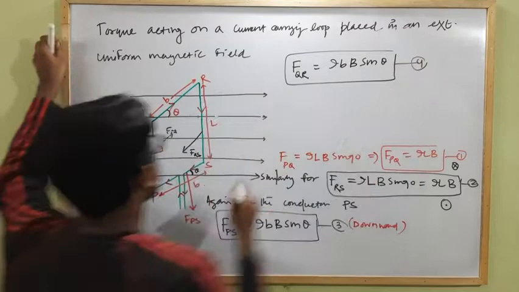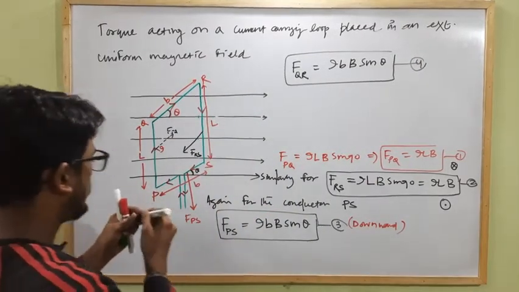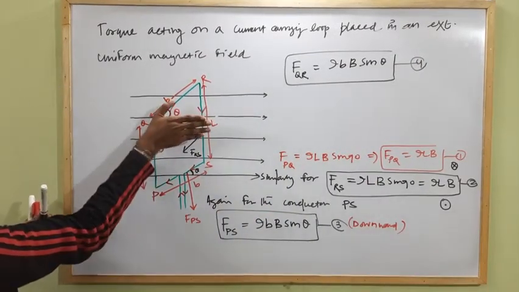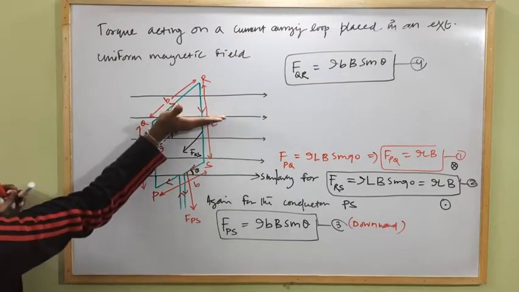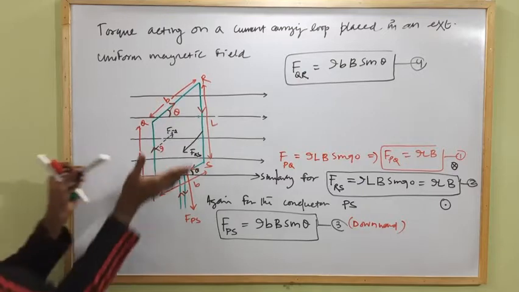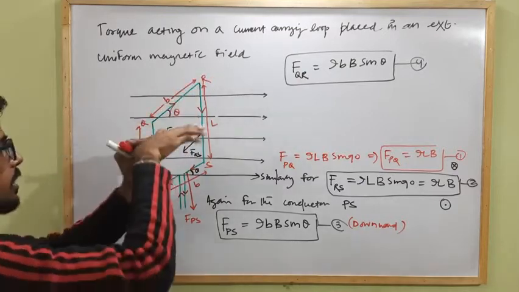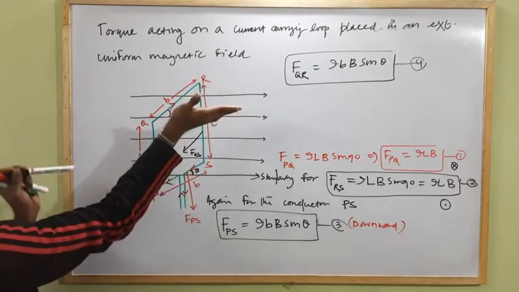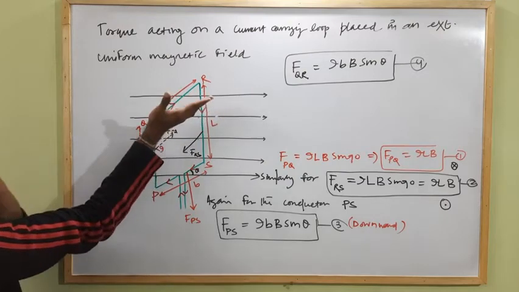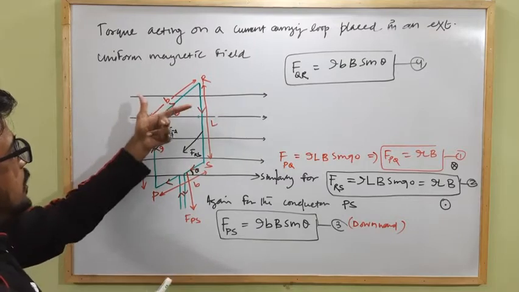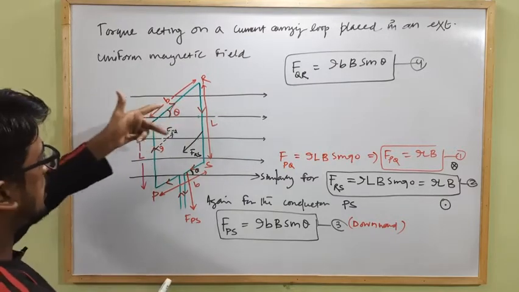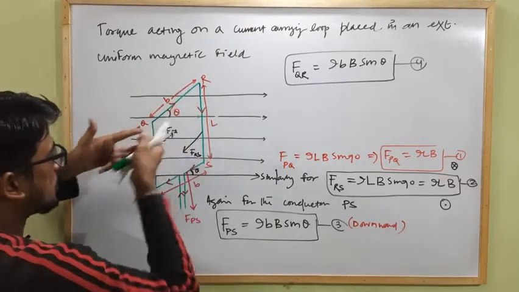And its direction, putting the thumb along the current direction and the fingers along here. It's a three-dimensional figure. So here the force will be acting upward, or we can place it like this. This is the direction, and it will go into the plane. This segment is going into the plane.